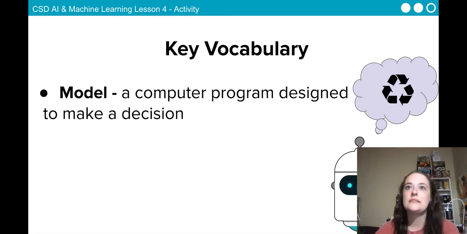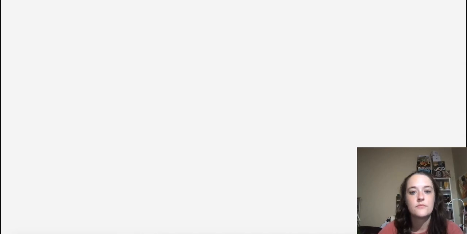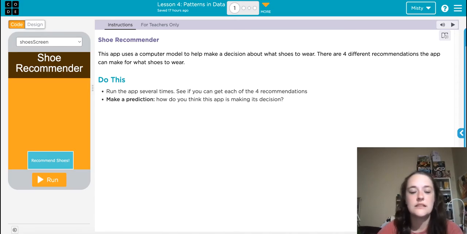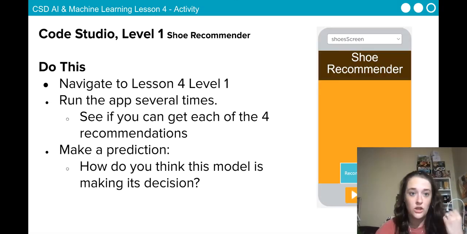So let's go ahead and download the Patterns in Data Activity Guide, and let's go to Code Studio. Before we complete anything on the activity guide, we're going to look at Lesson 4, Level 1, and it's going to look like this. Once you get to Lesson 4, Level 1, run this app several times.